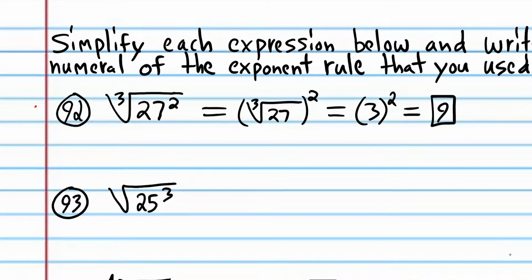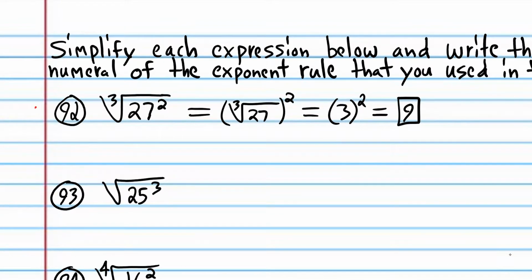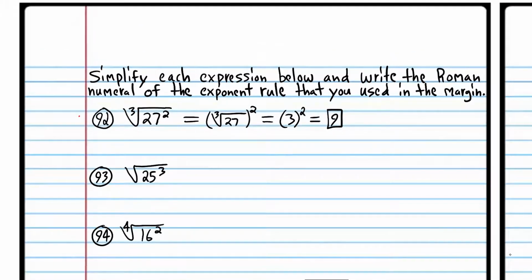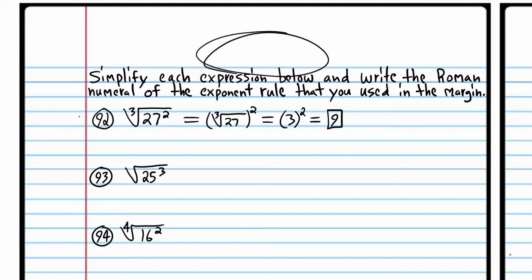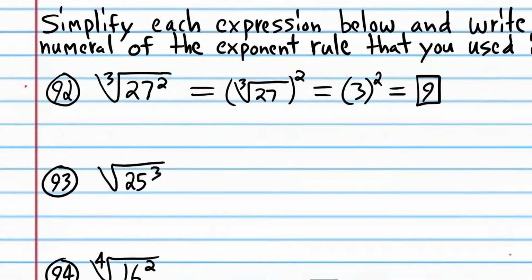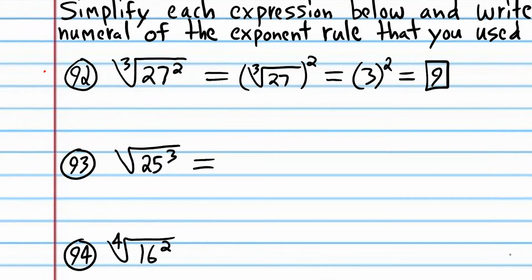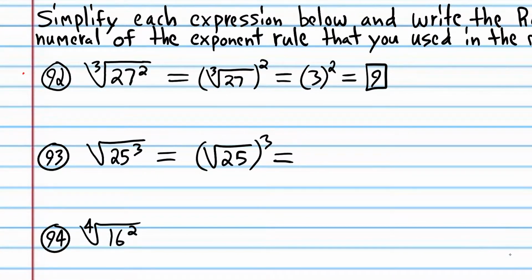Okay, so that's the reason that variation is important. And I might write the variation up here in the notes, just so you can see exactly what we're doing here. So let's try 93. I'm going to put the power on the outside, because again, that's the whole point of the rule, because we don't want to cube 25.